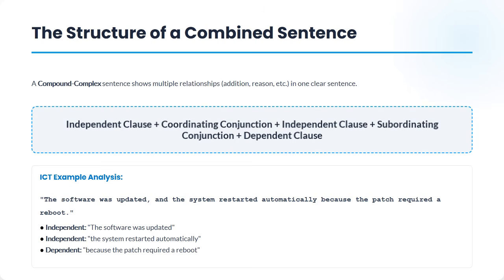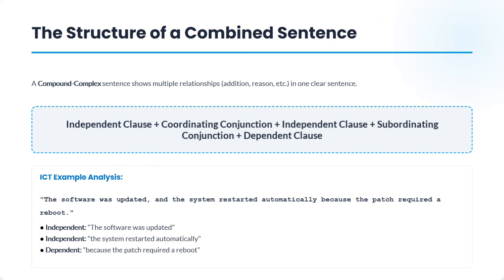Okay, so let's explain the structure of a combined sentence. A compound-complex sentence shows multiple relationships together, like addition, reason, etc., in one clear sentence.